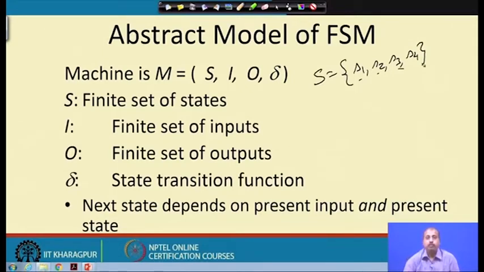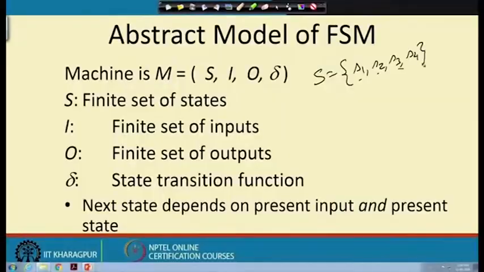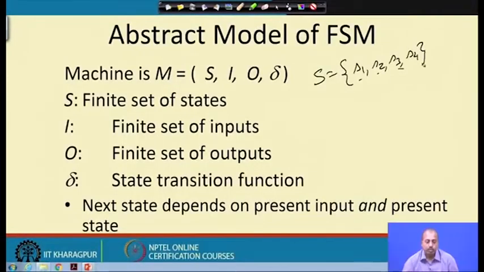For example, if your machine is a counter, and you are thinking about a mod 16 counter, then this set S is the set of states 0 to 15. On the other hand, if it is a decade counter, then the set of states S is the values 0 to 9. So, depending upon the machine that we have, this set of states determines the states in which the machine can be at any point of time.